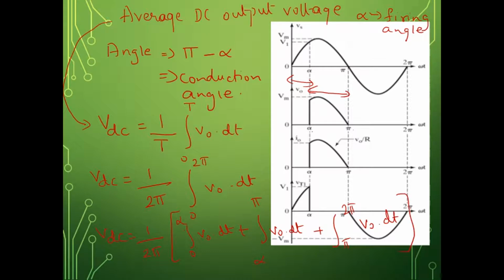If you observe, from 0 to alpha the output voltage is 0, so this is anyway 0. Similarly, from pi to 2 pi the output voltage is 0, so this is also 0. So what remains is alpha to pi V0 dt. We rewrite it as VDC equal to 1 by 2 pi integral alpha to pi V0.